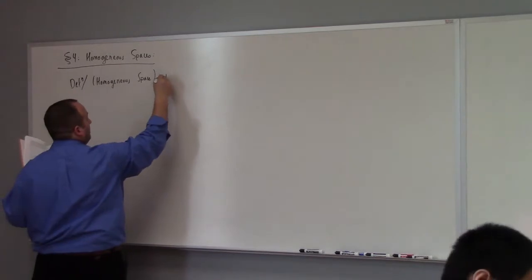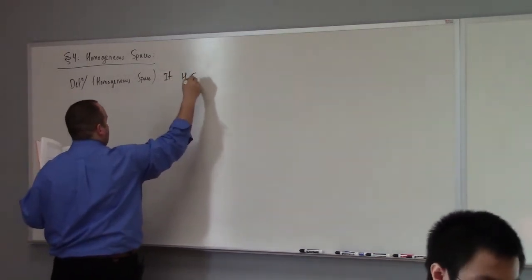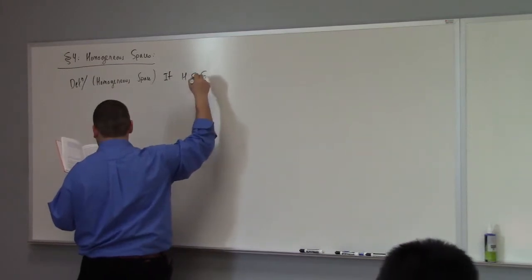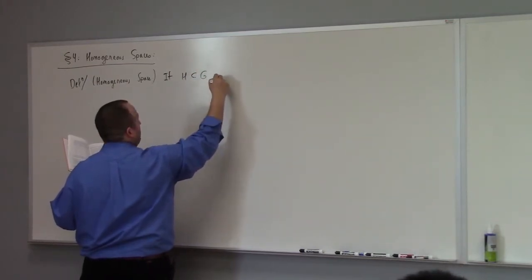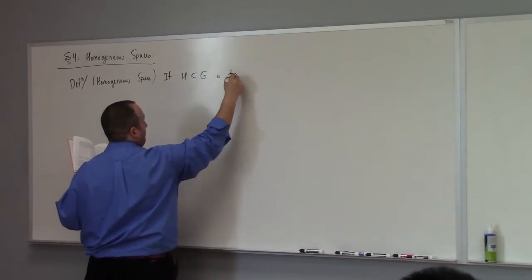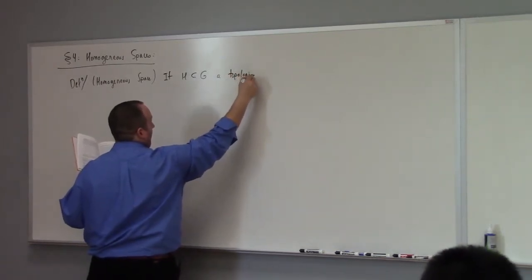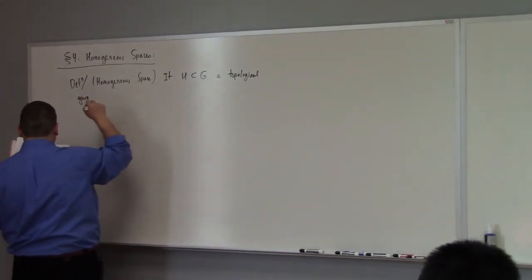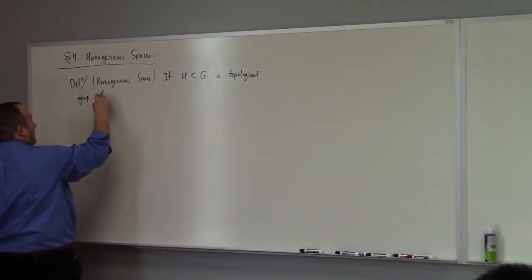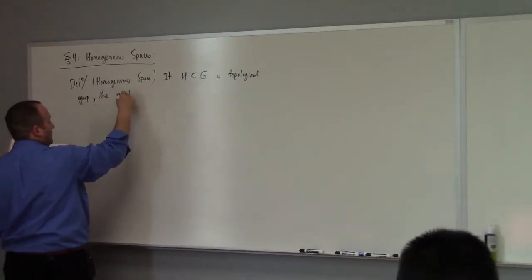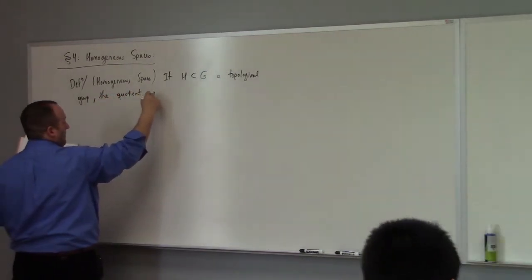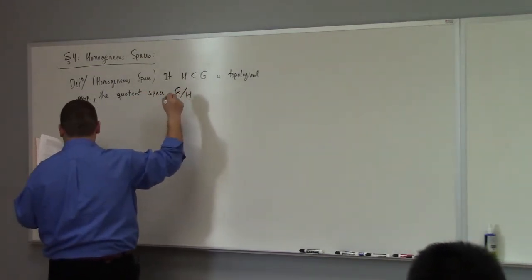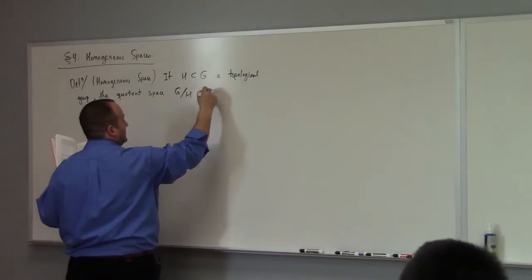If H is a subgroup of G, a topological group, the quotient space G mod H is called a homogeneous space.